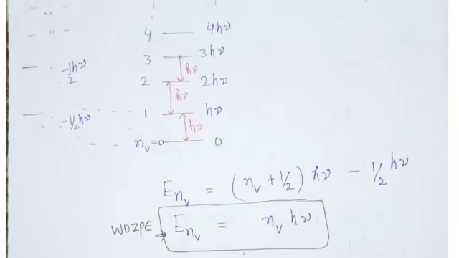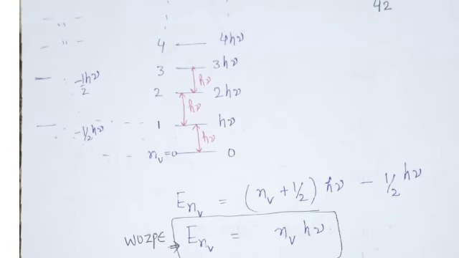In the system having zero point energy, you just have to subtract half h nu from each of the corresponding energy levels, and you will get the energy of the ground state as 0.